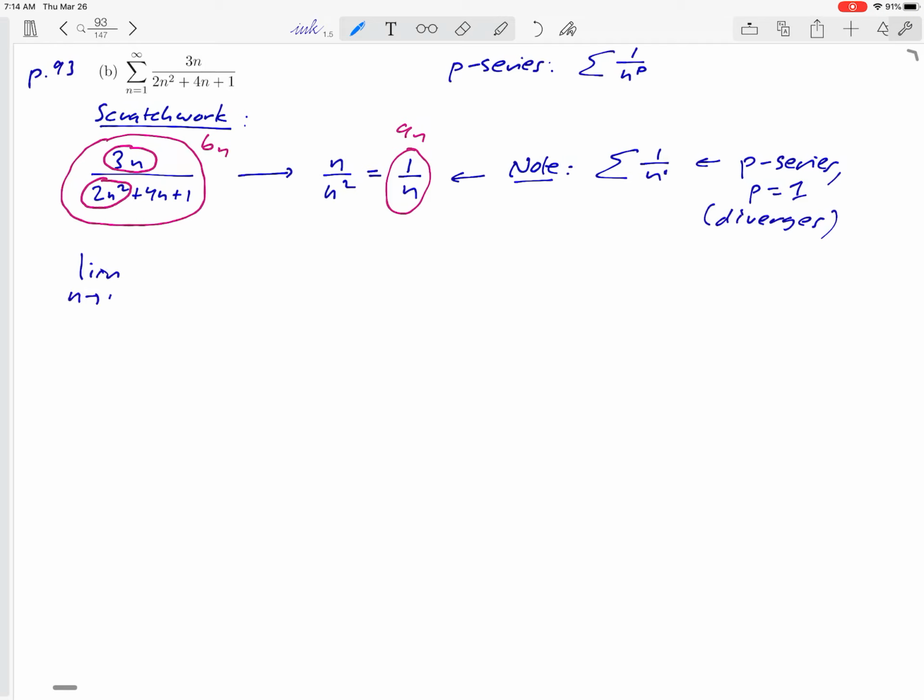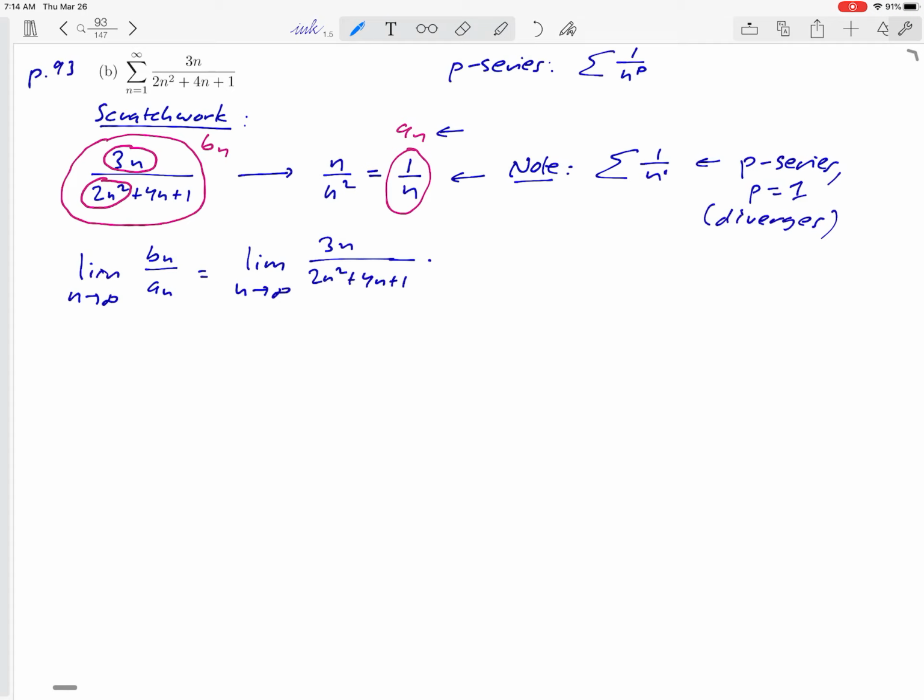And the next part of the limit comparison test is we need to do a limit of bn over an. So we need to take the bn that we've got, which looks like 3n over 2n squared plus 4n plus 1, and we need to divide that bn by the an up here, the 1 over n.